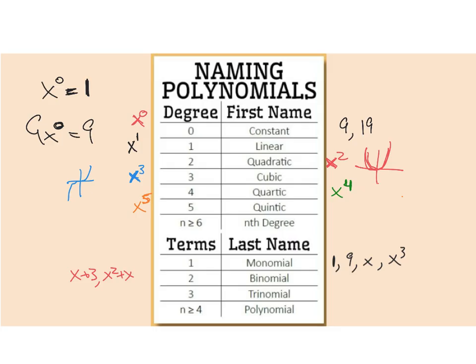These are binomials. They have two terms in them, separated by a plus or minus. And then a trinomial, you have x squared plus x plus 3. It could be negatives, any amount of negatives, but three terms. Three terms that you cannot add or subtract together is called a trinomial. Anything with four or more terms is called a polynomial. These are all polynomials, but they have special names to let us know how many terms we have.